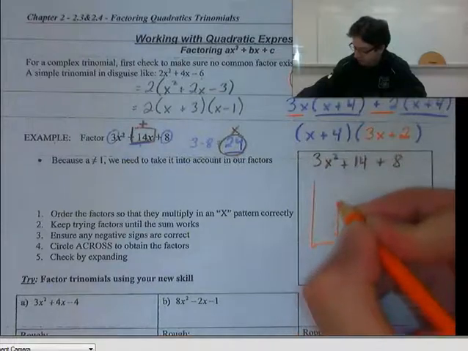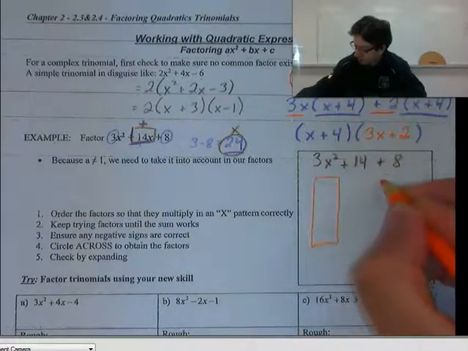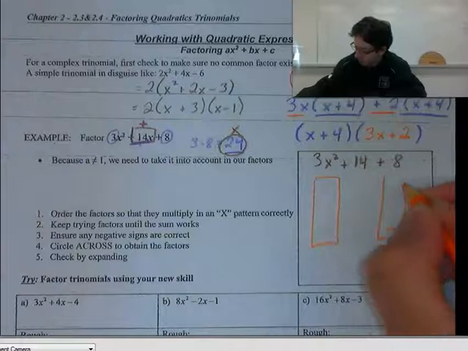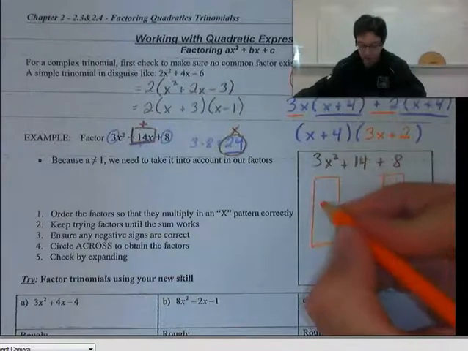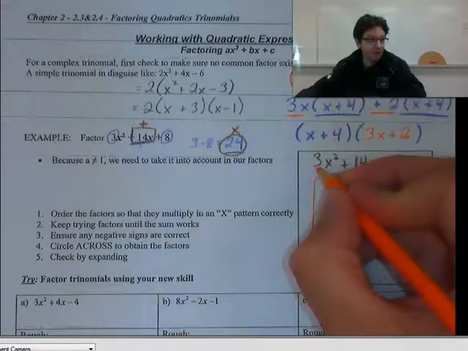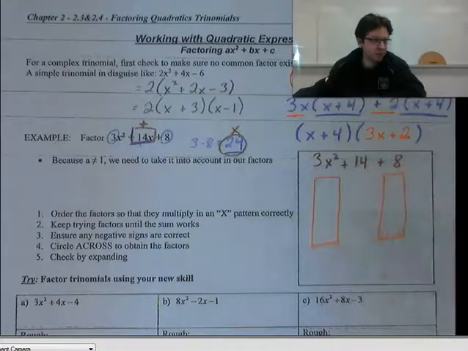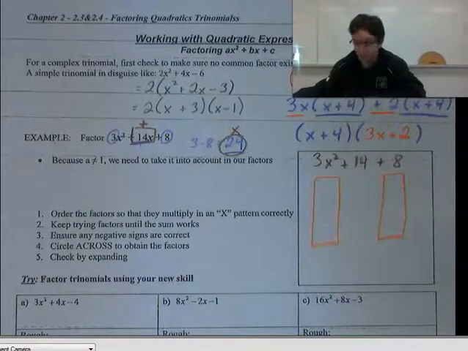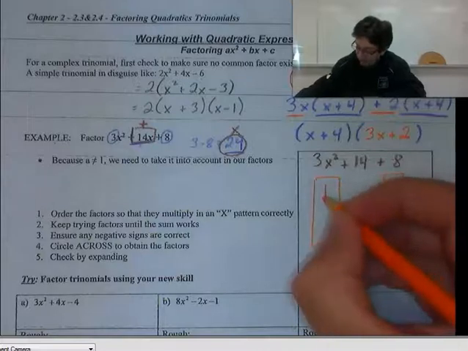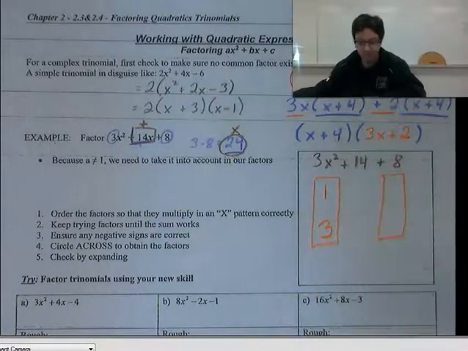One here and one here. For the first column, we have our a coefficient, which is 3. And we need two numbers that multiply to give you 3. We really only have one option here, 1 and 3. Those are the only two numbers that will multiply to give us 3. So let's write 1 and 3.